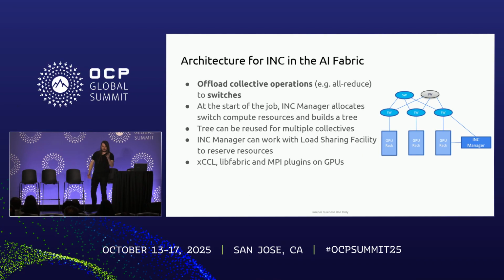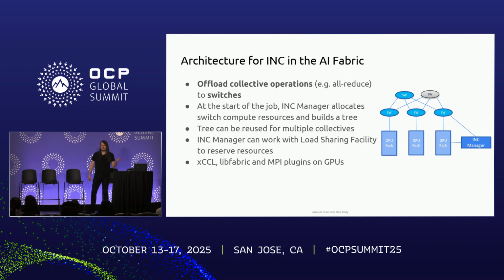So I'm going to start off with the basic architecture that we're going to use for the AI fabric. The main thing we're trying to do here is to offload all of those collective operations into the fabric. On the GPUs, we've got plugins, so the GPUs can run either CCL, libfabric, or some MPI.